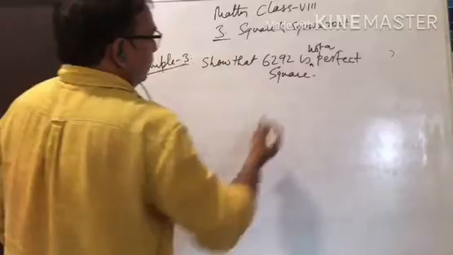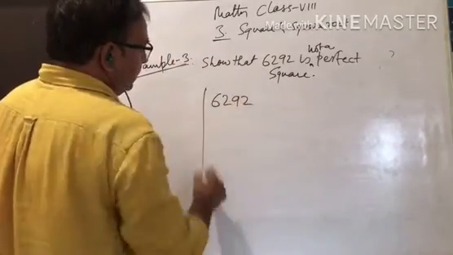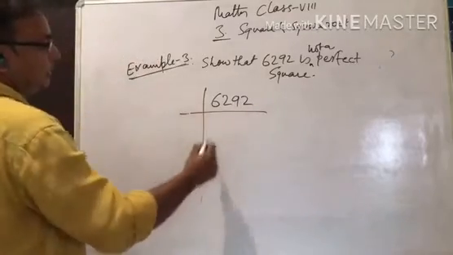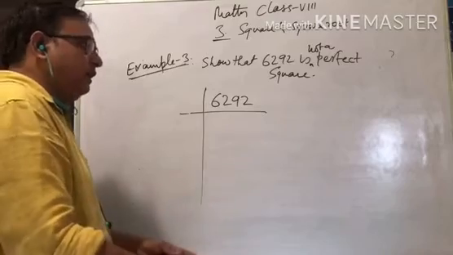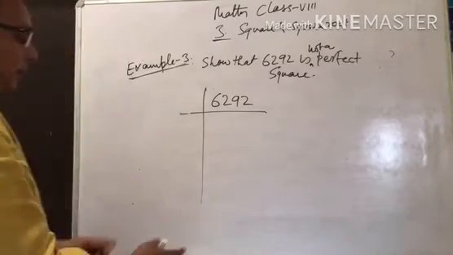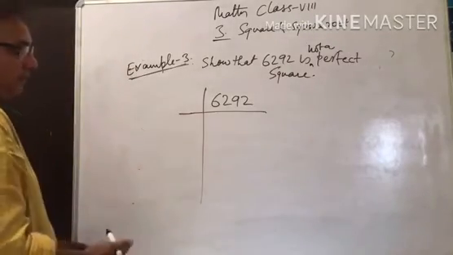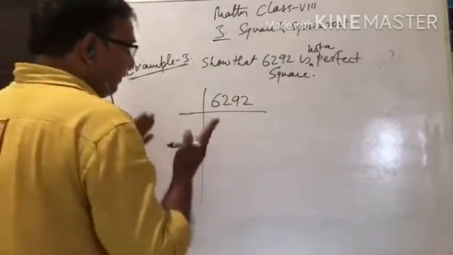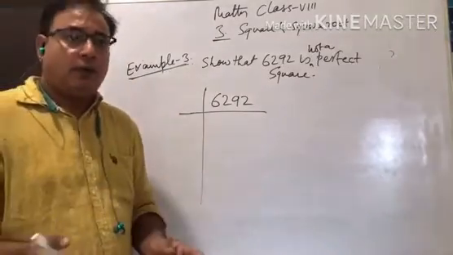How do we solve this? We can do the prime factorization. This is the only way to check whether the number is a perfect square or not. After this exercise there is another way, but for this exercise we use the prime factorization method to check whether the number is a perfect square or not.